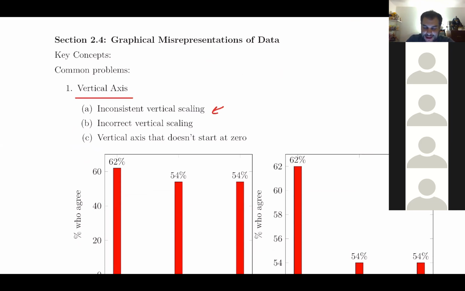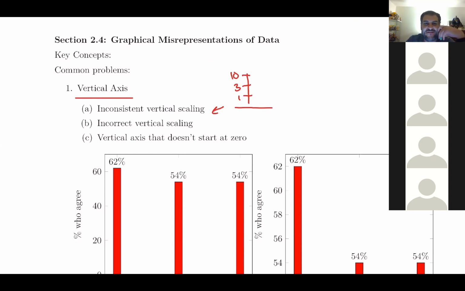But inconsistent vertical scaling would be, say we start off at 1 and then we go to 3 and then we jump to 10. It's not consistent because it's not going up by a consistent number. We're going up by 1, then 3, so the next natural number should be 5, then 7. That's what I mean by inconsistent scaling.